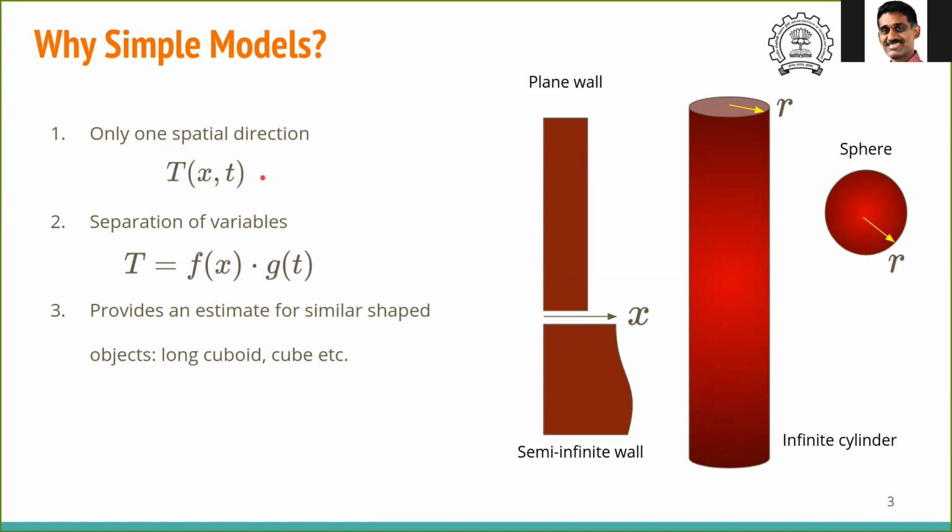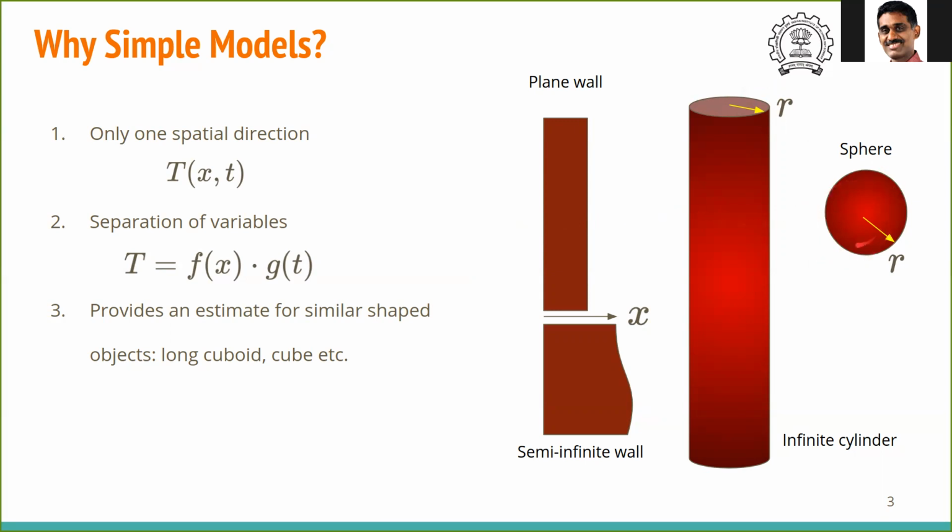And since these equations are linear, we can use separation of variables to obtain the solution. Many of these problems are exactly solvable because they neatly come in cylindrical, spherical, and Cartesian coordinates.